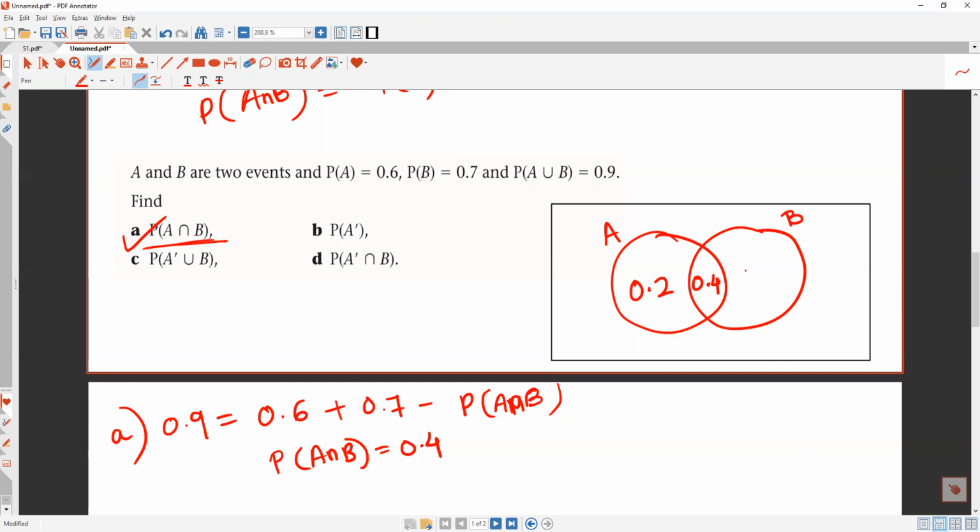P of B is 0.7, so this part, only B, is going to be 0.3, because whole P of B is 0.7. Then 0.6, 0.7, 0.9, so outside will be 0.1. Does everyone understand this? Nader? Yes. Okay.